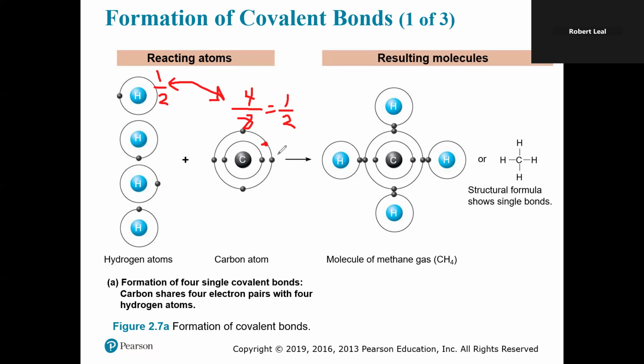To get 4, each of the 4 hydrogens can share an electron with carbon. And since carbon has 4 electrons already, it can share one with each hydrogen. Now everyone's happy. Each hydrogen has 2 electrons in its outermost shell. Carbon has 8. Now they're sharing electrons equally, which means they were equal in strength.